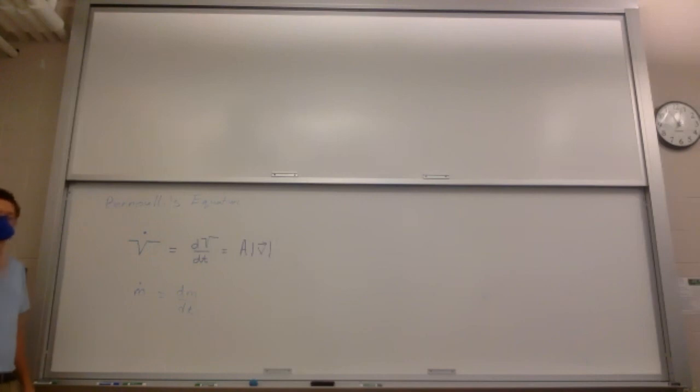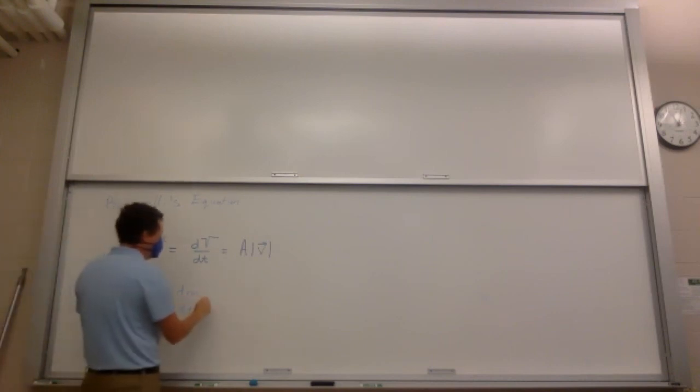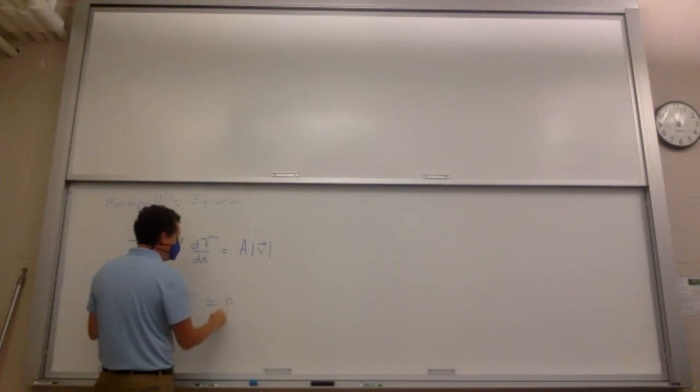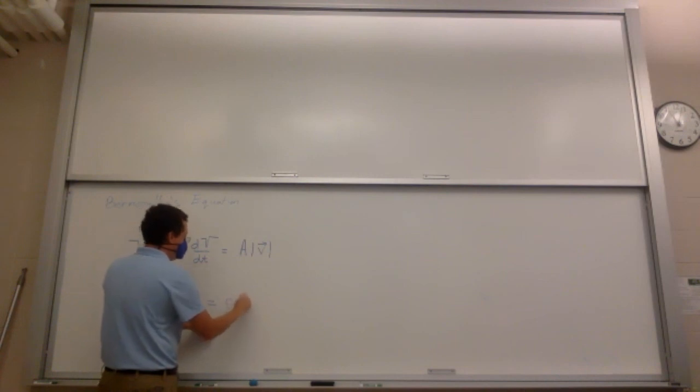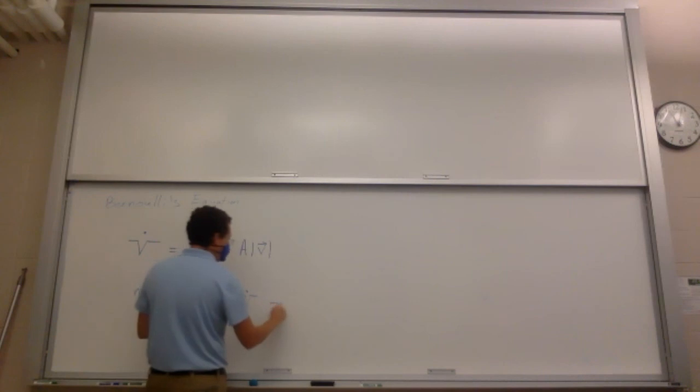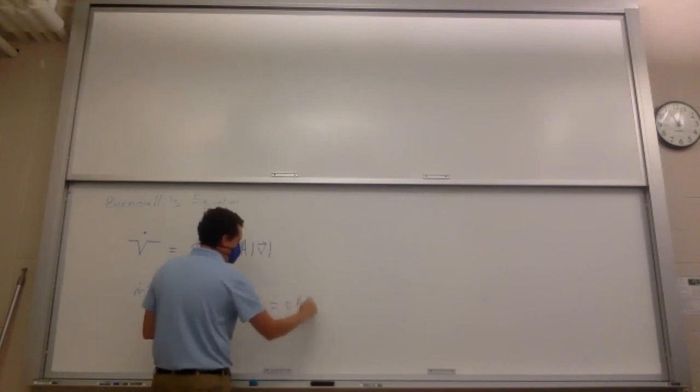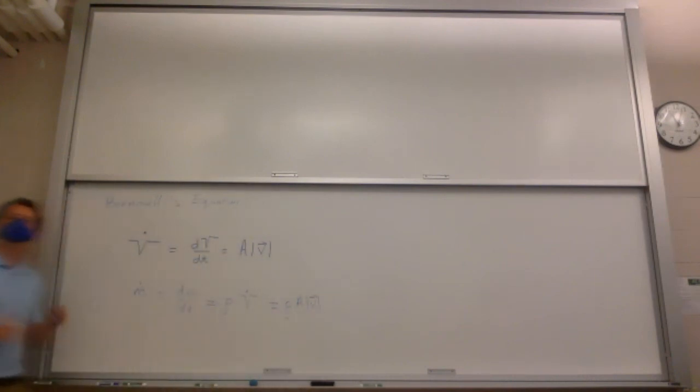And assuming the density of the fluid in the little region you're studying doesn't change, you can say that this equals the density of the fluid or material times the volumetric flow rate, which means it equals the density times the area times the speed of the flow. Is that okay?